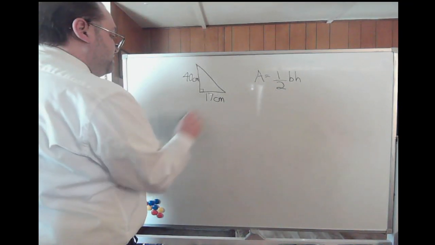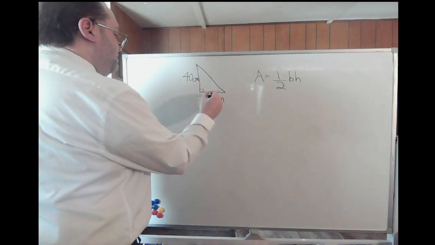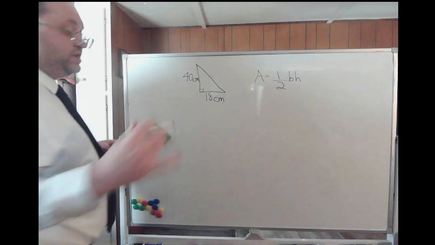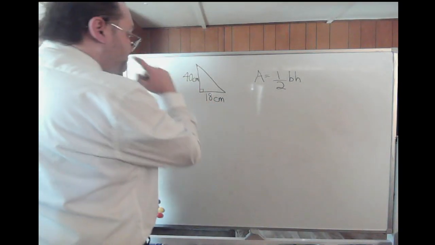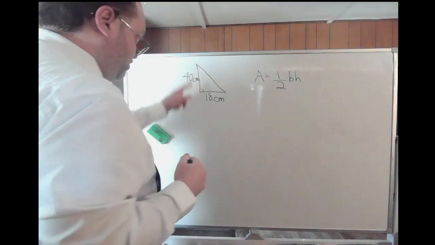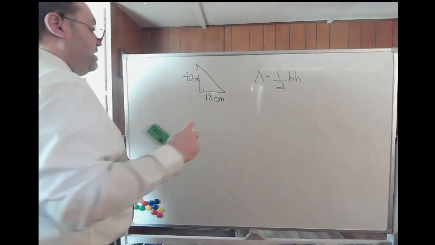So now let's make the base 18. I'd rather not have to bust out decimals if at all possible. Alright, the base is 18 centimeters, the height is 40 centimeters. So we have a perfect height in a right triangle because it goes straight up.